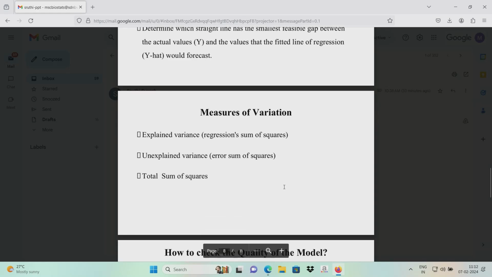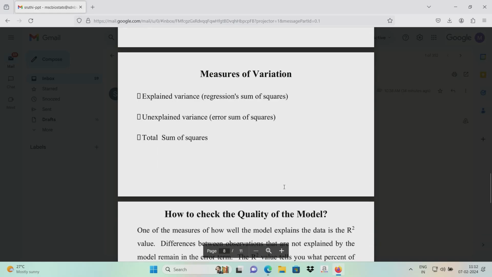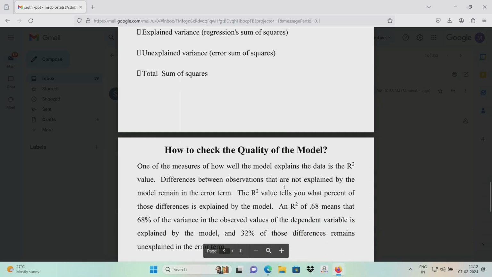Measures of variation. These are some of the important terms used in regression analysis. First is the regression sum of squares, otherwise known as the explained variance. Another is the sum of squares of error, otherwise known as unexplained variance, and then the total sum of squares. These three terms are used to measure the variation of simple linear regression. Now let's pass on to how to check the quality of the model.